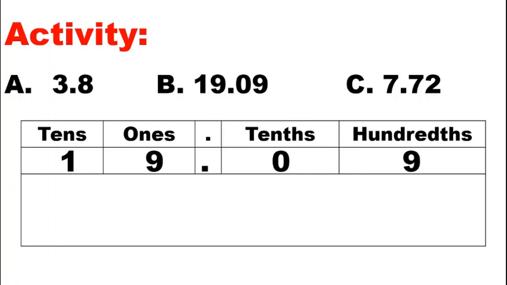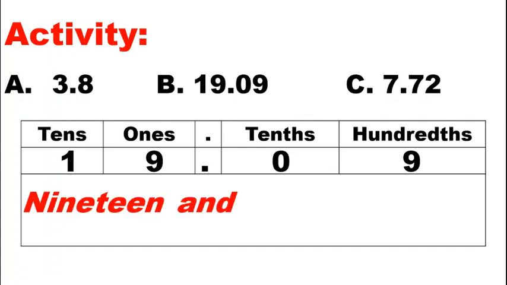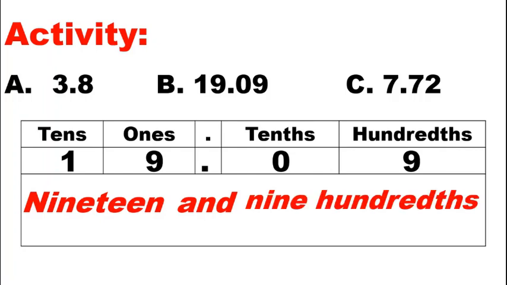We start with the whole number. Yes, that's right, 19. And because tenths is 0, we move to our hundredths: 9. So we write this into words as 19 and 9 hundredths.